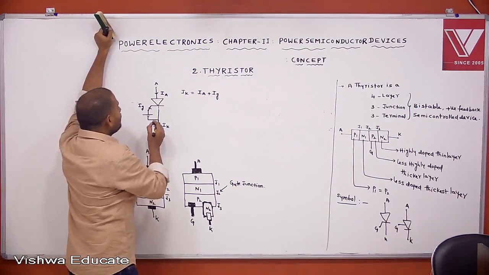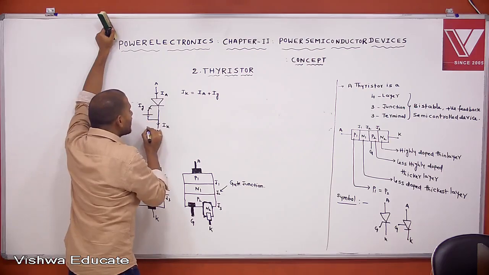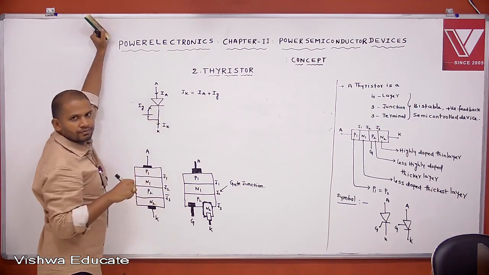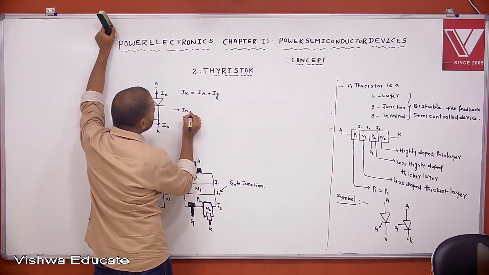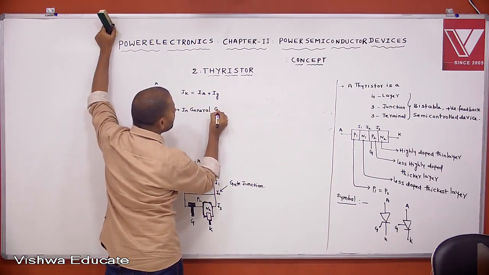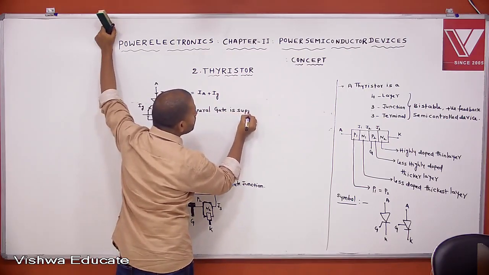That means in general, gate is supplied with respect to cathode. Then these SCRs are called cathode trigger SCRs. In general, gate is supplied with respect to cathode.